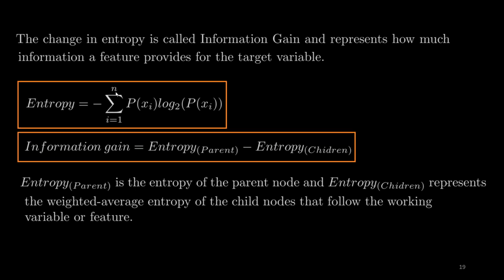If we have n samples from 1 to n, we calculate the probability of each, then take the log of the probability and multiply them to find the entropy. We calculate the entropy of all the parent nodes and children nodes. Since every parent node has more than one child node, we take the weighted average of the children nodes and then subtract it from the entropy of the parent node.